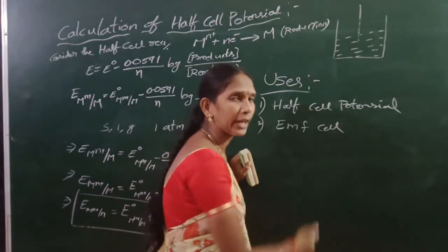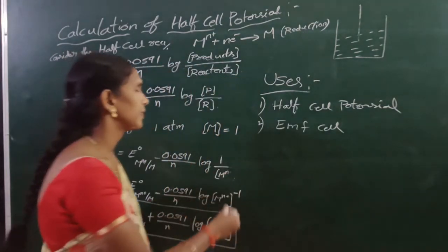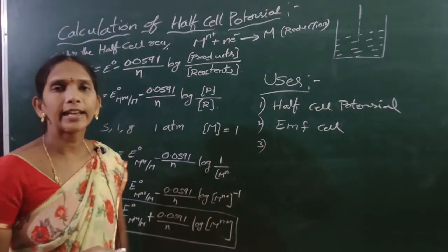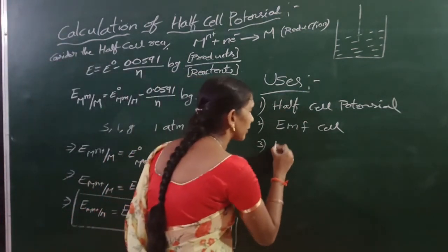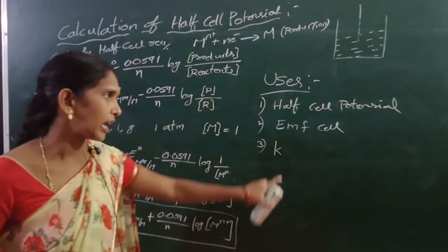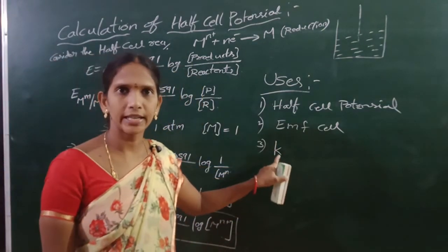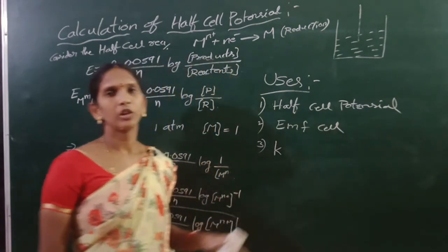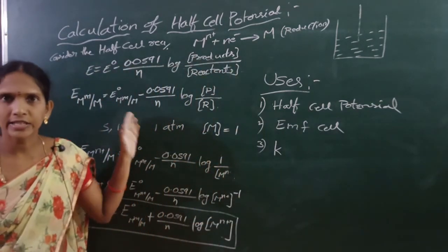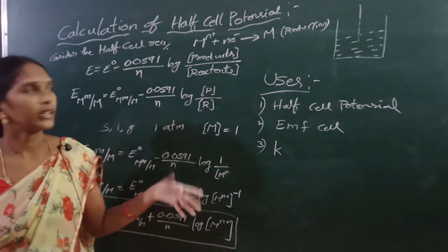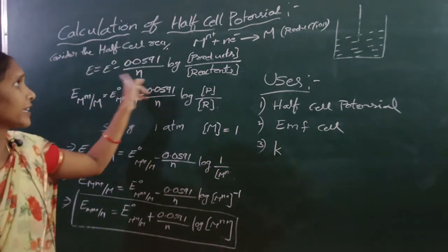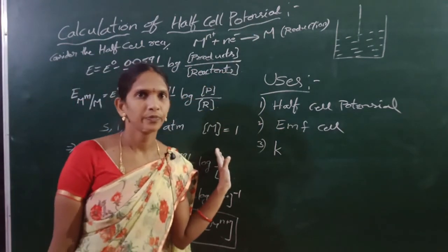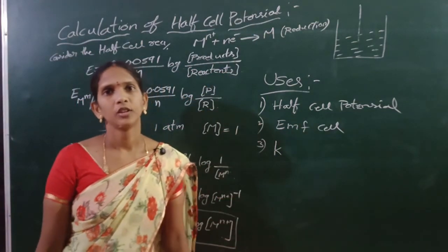Next, by using this Nernst equation, we can calculate the equilibrium constant K of the cell reaction. Okay, these are the uses. Thank you, students.